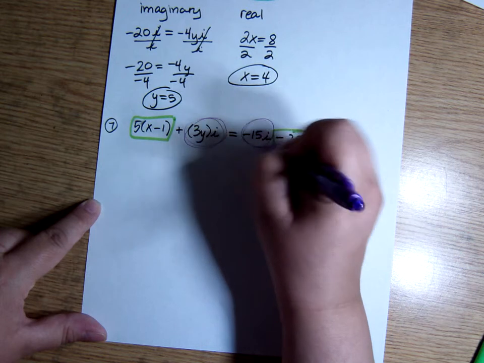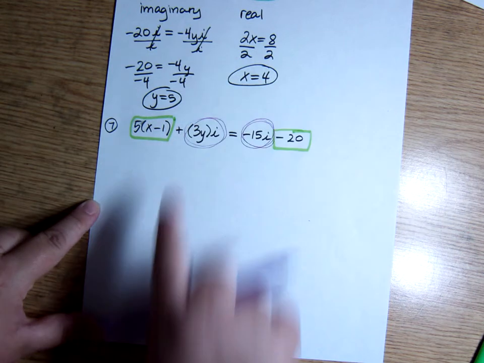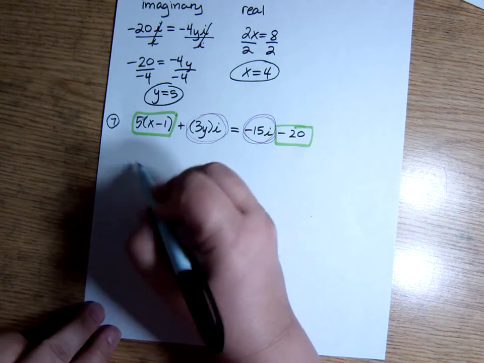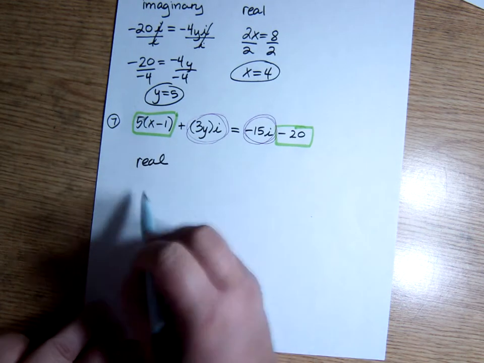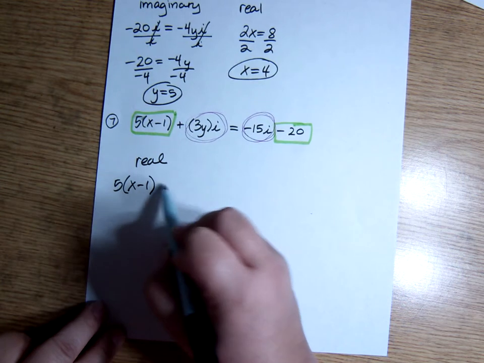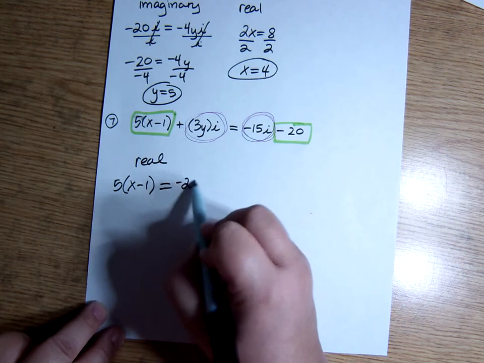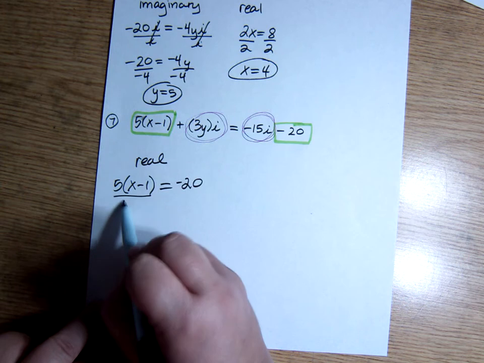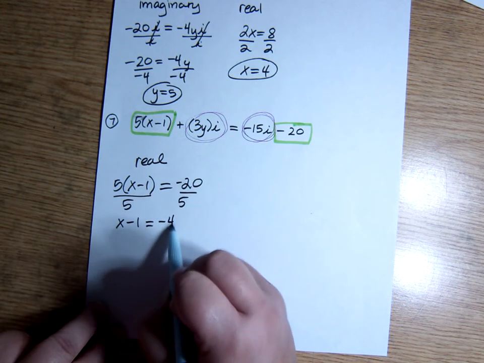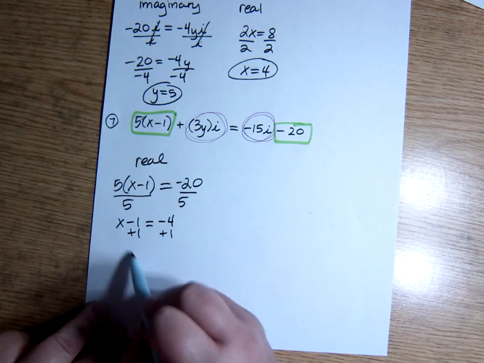This is the imaginary part over here. And I say those things are equal also. So my real parts are 5 times the quantity x minus 1 equals negative 20. So I'm going to divide both sides by 5 and get x minus 1 equals negative 4. Add 1 to both sides, and x is negative 3.